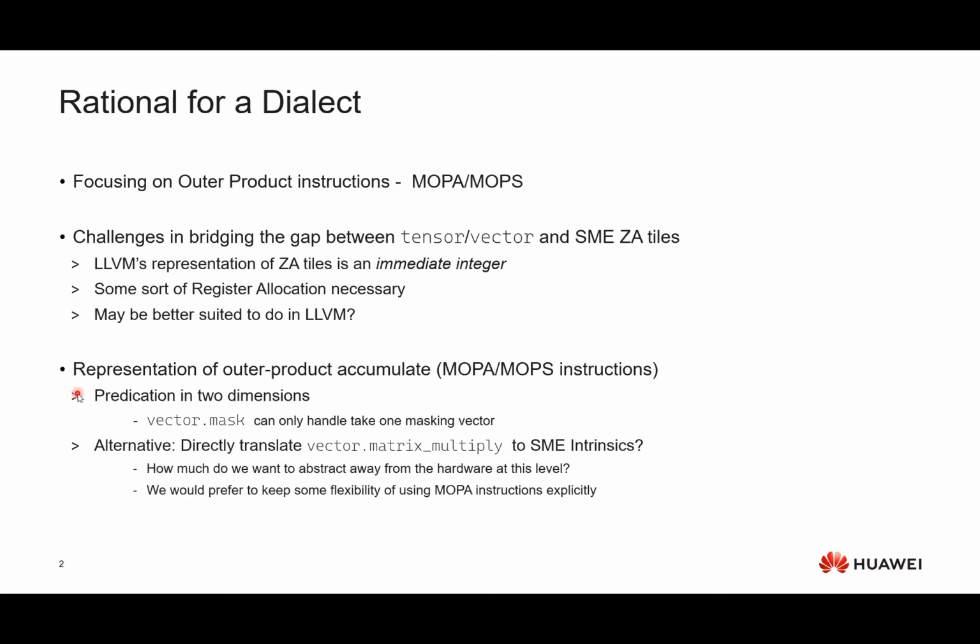Secondly, as I've mentioned, the outer product instruction has predication in 2 dimensions, one for each vector, and currently the vector mask can only handle 1 masking vector.